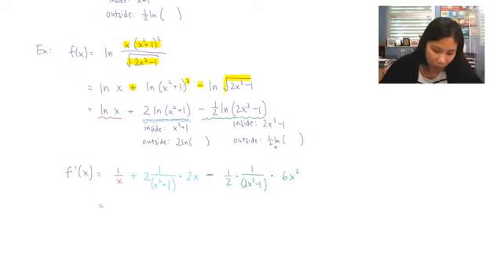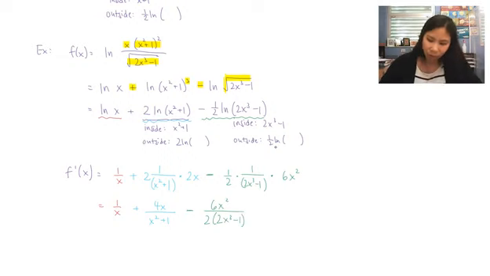So the 1 over x stays. If I multiply out my next term, I'm going to get plus 4x over x squared plus 1. And then the last term I have a minus. Multiplying this out, I will have the 6x squared on top, the 2 and the 2x cubed minus 1 on the bottom. But I think that simplifies more.